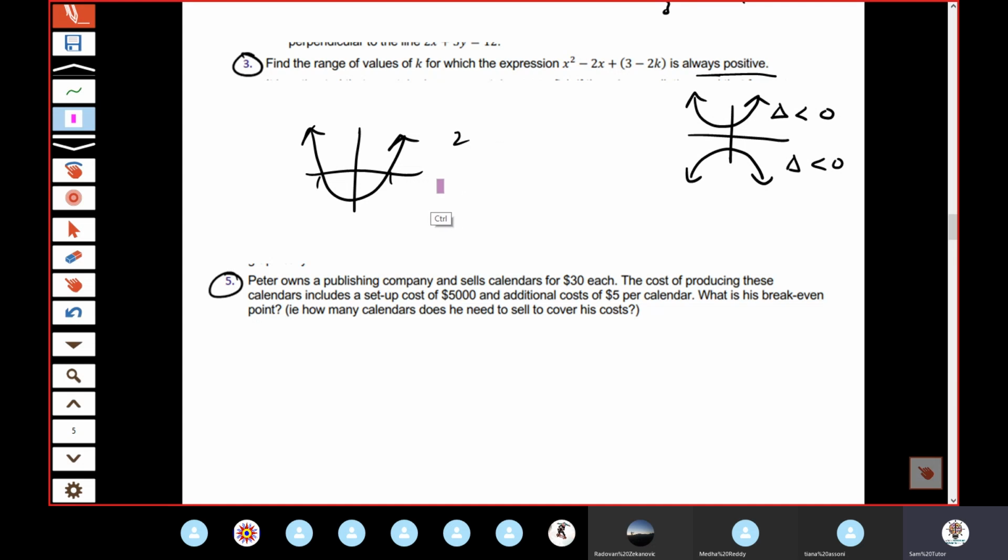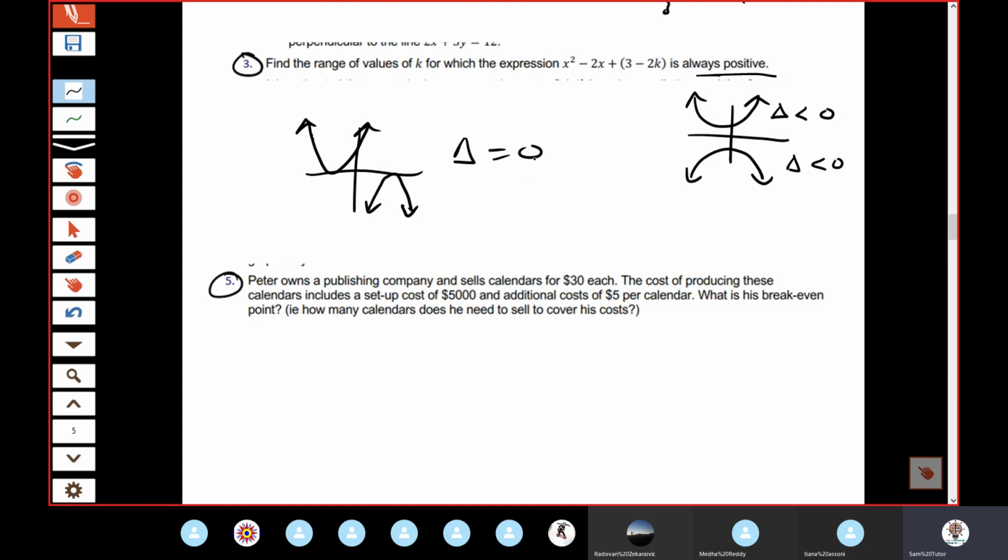If you had 1 root, it would look like this. 1 root, let's say. Right? For it to have 1 root, the discriminant is equal to 0.